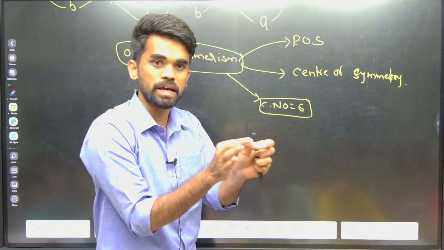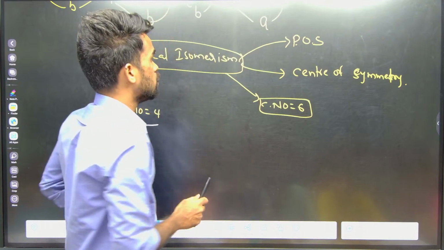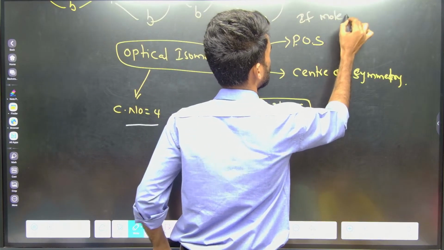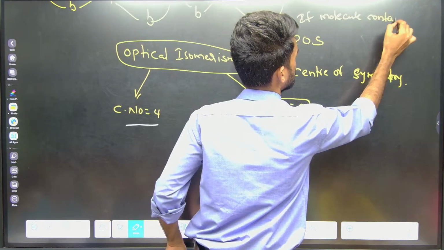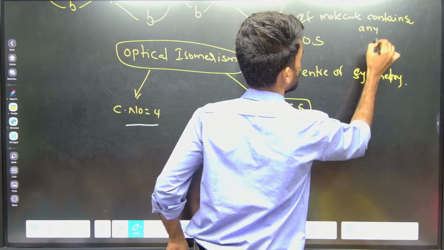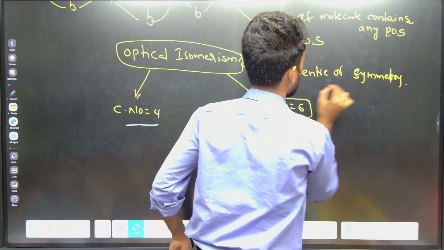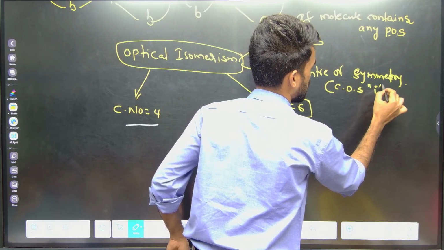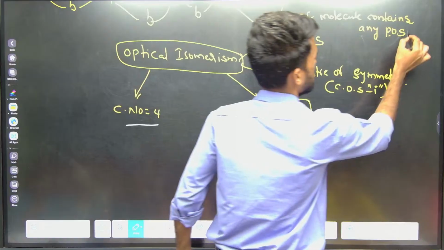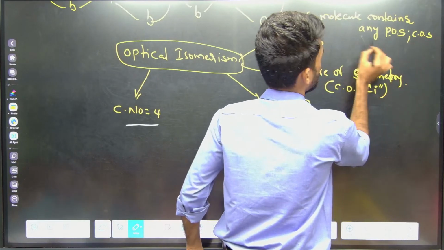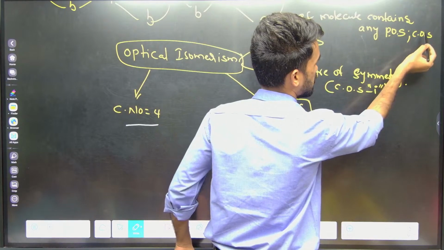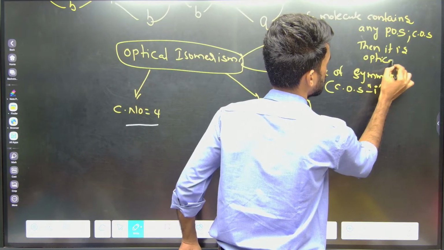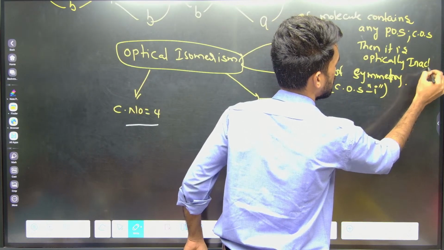If a molecule contains any POS, meaning plane of symmetry, or center of symmetry, which you can write as COS, or its standard representation is i, then it is optically inactive.